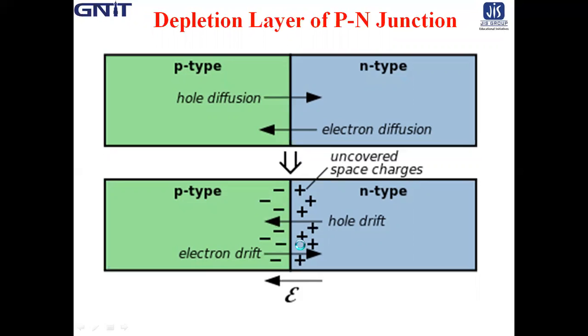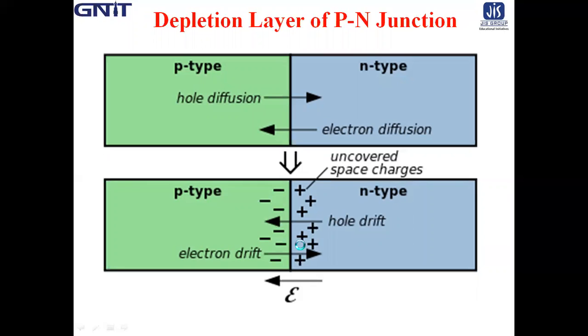This is known as built-in potential, denoted as VBI. And outside the depletion region, neutral region exists where immobile charge of donors and acceptors neutralize mobile charge of electrons and holes in the N and P regions respectively.